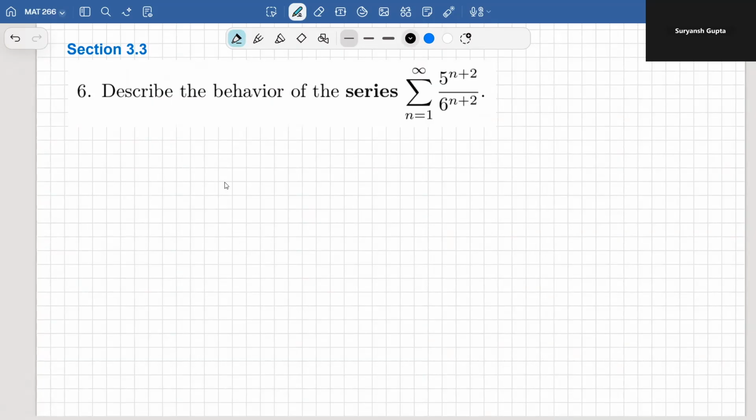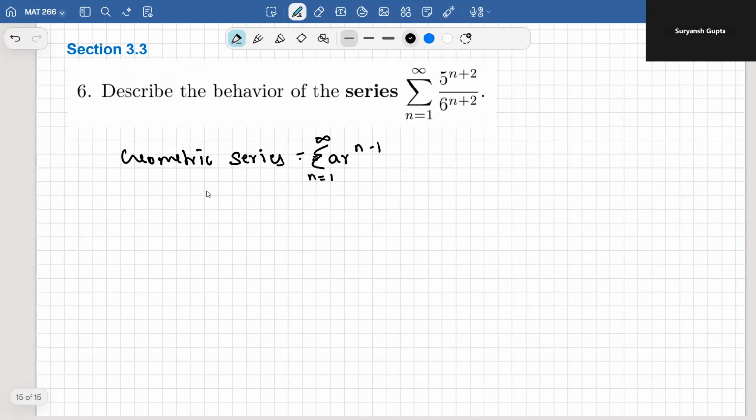So the way you would solve it is you want to get it down to a geometric series. Usually a geometric series is written in the form of the sum of a r to the n minus 1, going from n equal to 1 to infinity.